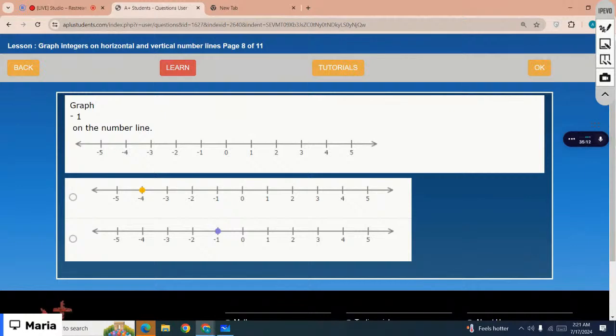Graph -1 on the number line, which is the correct option? Yes, option number 2 is the correct option. Very good.